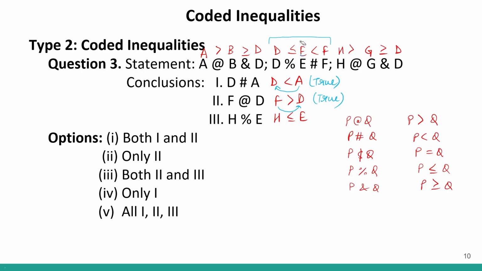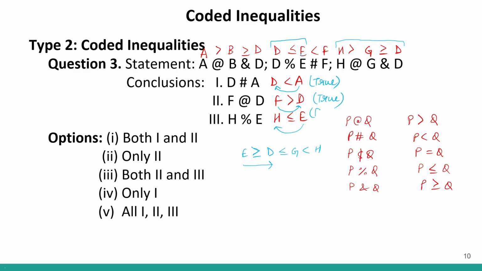Correct? Now we will look at E is greater than or equal to H. So we will move from E to H, bigger door to smaller door. If I move from E to H, this much I can see a relationship between E and D, where it is written that E is greater than or equal to D. Then I can see a relationship between D and H, which says D is less than or equal to G, which is less than H. So now I can move forward from E to D, but I cannot proceed further because we move from bigger door to smaller door.